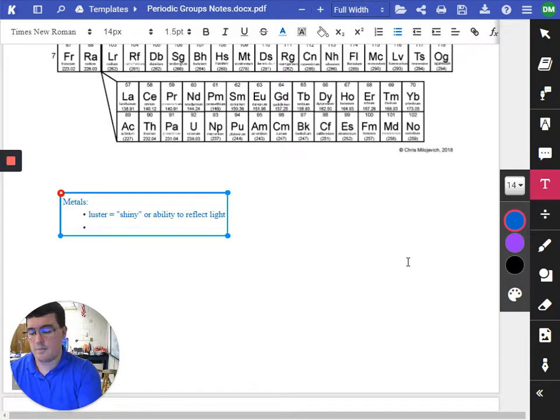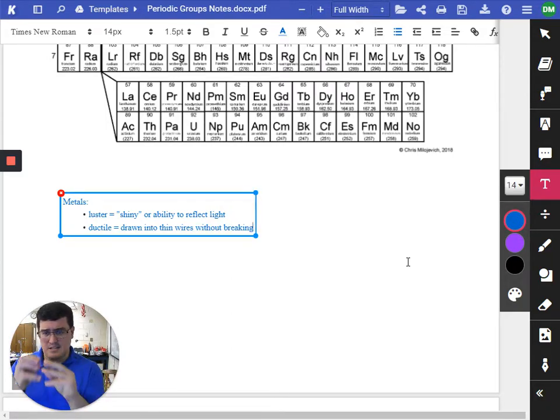Another thing that we can do with metals is we can take them and extrude them. We can take them and pull them out very, very thin. And what that does is it means they can be drawn into thin wires without breaking. I can take any substance and make it a thin wire, right? But it may not be all one continuous piece.